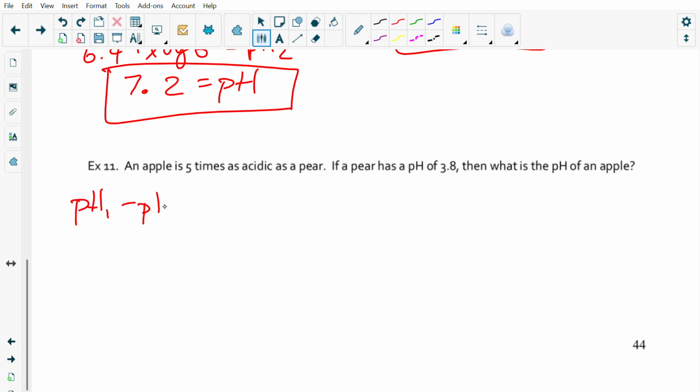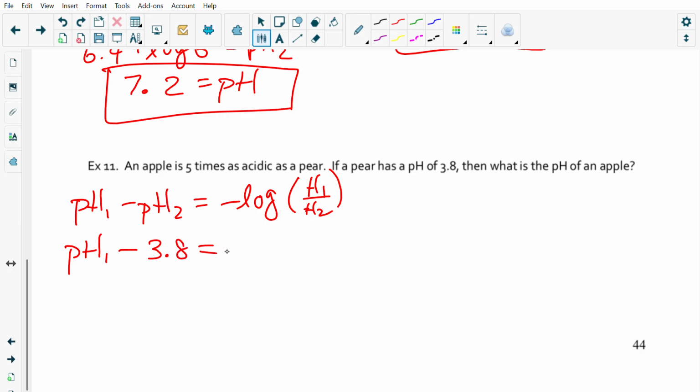pH 1 minus pH 2 equals negative the log of H1 over H2. So another comparison. pH 1 minus the pear pH is 3.8, negative the log of 5. So this would be the apple. This would be the pear.